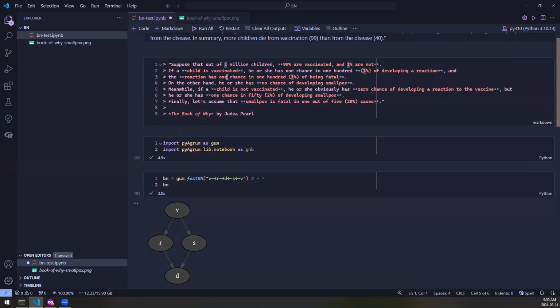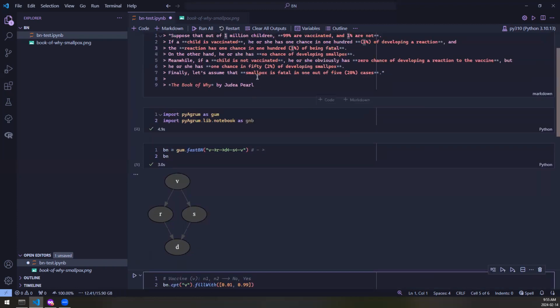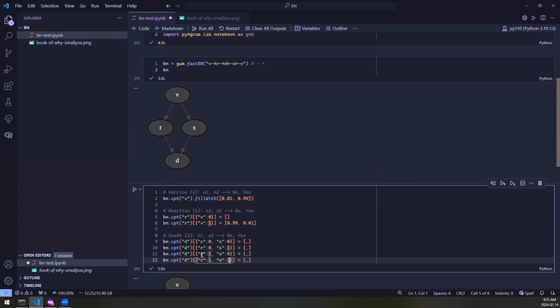Reaction has 1% of being fatal. So that means if the child had the reaction, and according to the text, it's talking about the child being vaccinated, right? So he or she was vaccinated and developed the reaction. It didn't mention anything about smallpox yet.